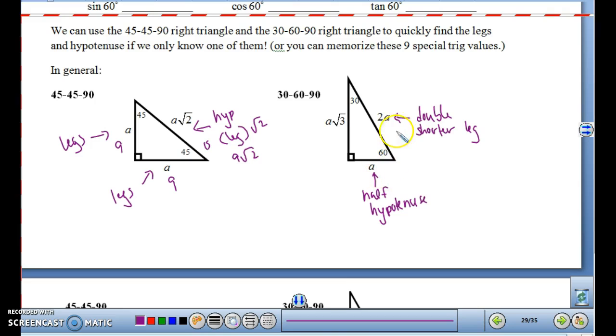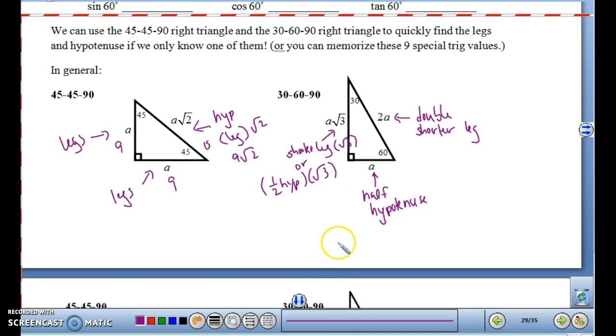So whatever this is, double it and you have the hypotenuse. And for the side opposite the 60-degree angle, it is the shorter leg, or half the hypotenuse, times the square root of 3.